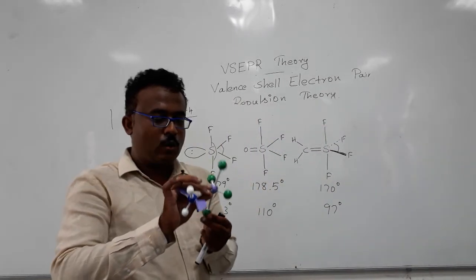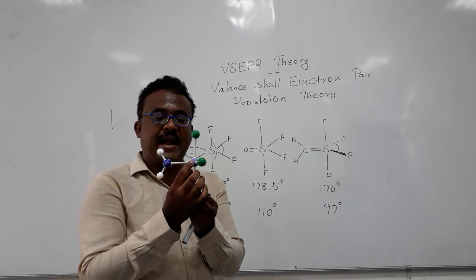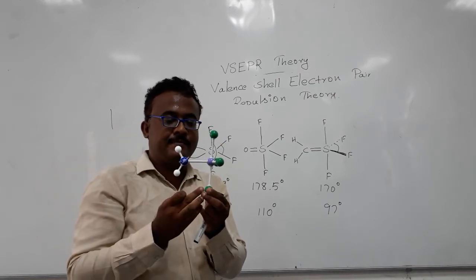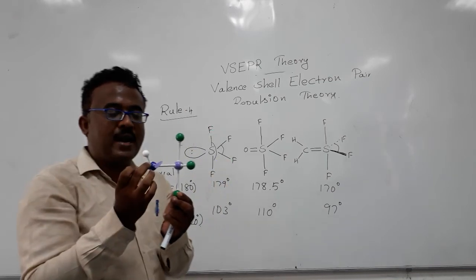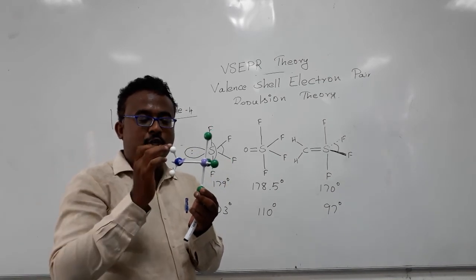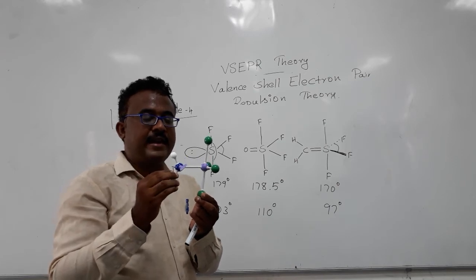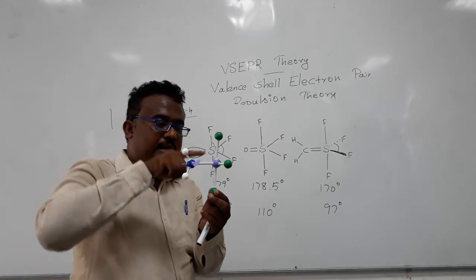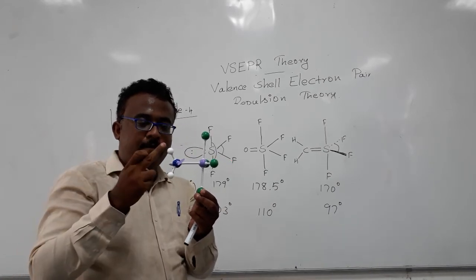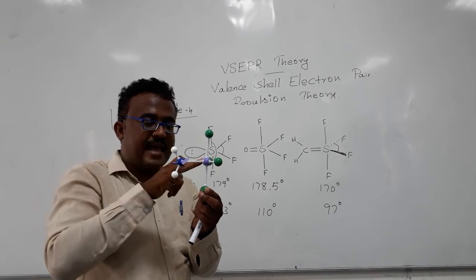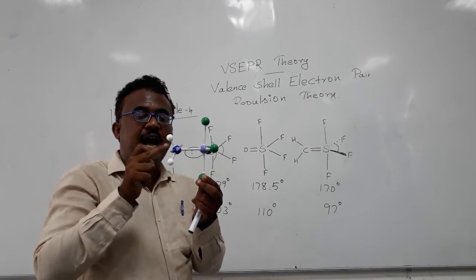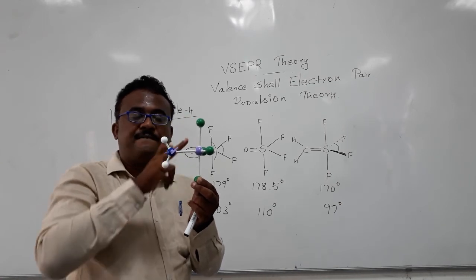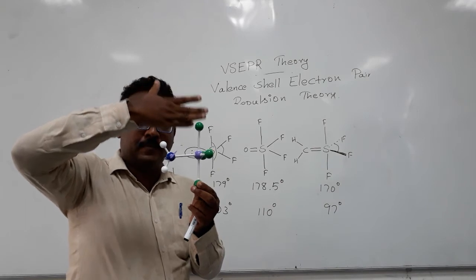Please look at this molecule. The central one is the sulfur atom and we have 4 fluorine atoms, while the blue ball here is the carbon atom with 2 hydrogen atoms. It's very clear that the plane of F-S-F, the C with hydrogens attached, and the axial F-S-F will be in the same plane.